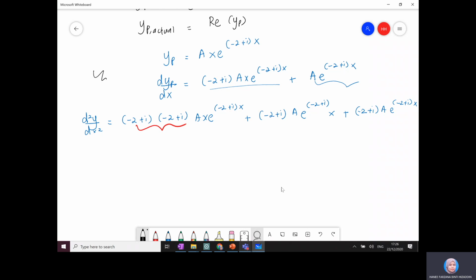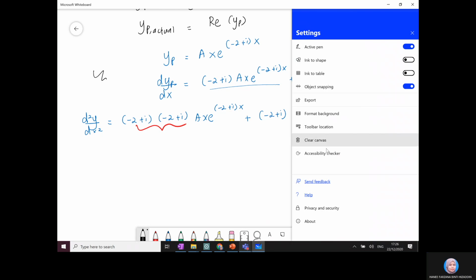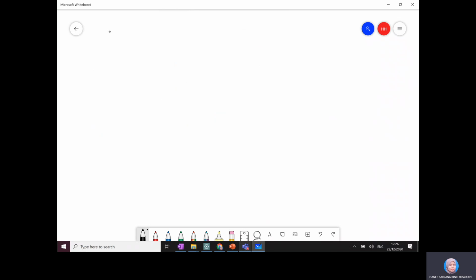Okay, so what we're doing is we simplify the term. When we expand negative 2 plus i with negative 2 plus i, you will get 4 minus 2i minus 2i plus i squared.